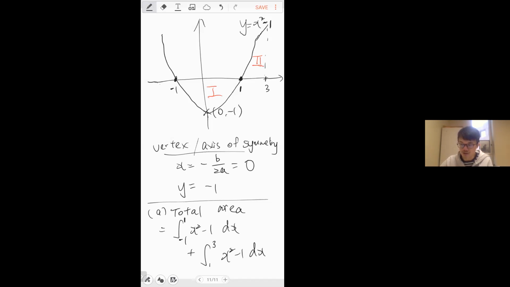In this case, the first one would be negative, right? I don't care about whether it's positive or negative for total area. So you can put absolute value for both of them. Make sense? Is it okay?